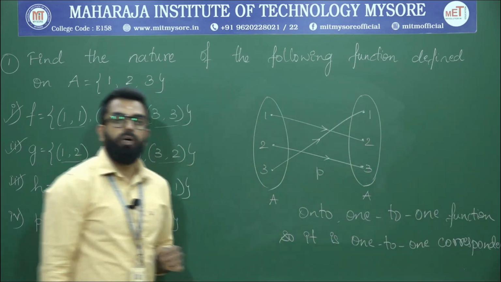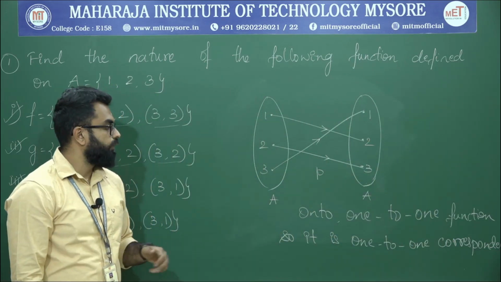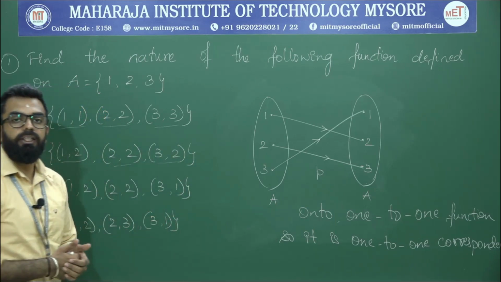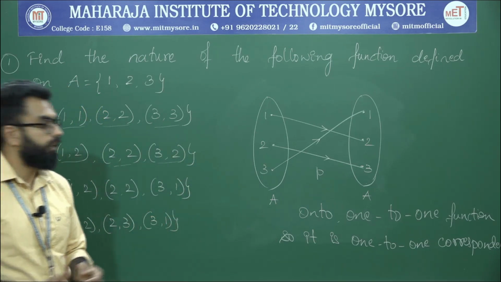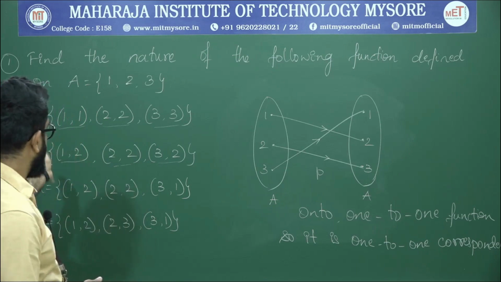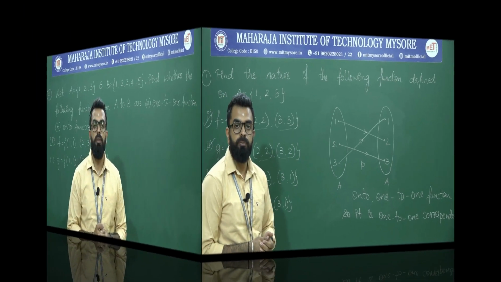One-to-one correspondence, right? So we have identified the nature of the different functions defined on the set A: F, G, H and P.